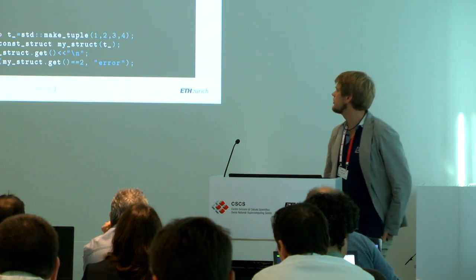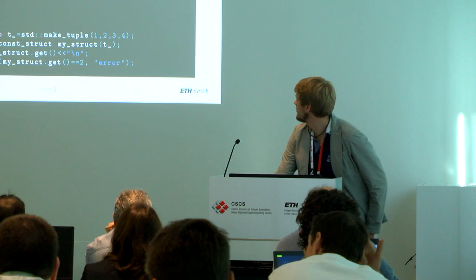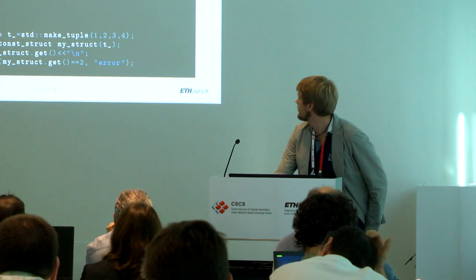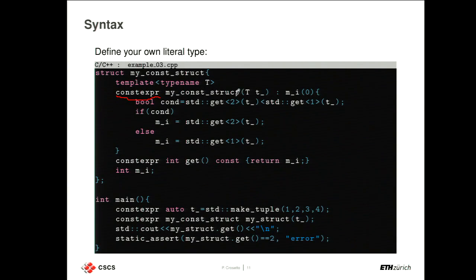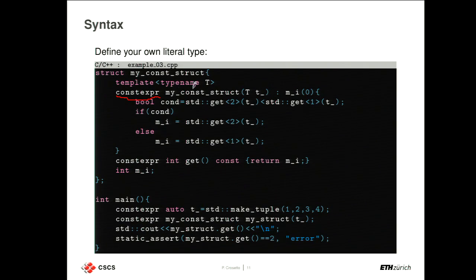To define your own class as Constexpr, you just have to label your constructor as Constexpr, and it can contain the same things as a Constexpr function. So in C++14, local variables and if statements.